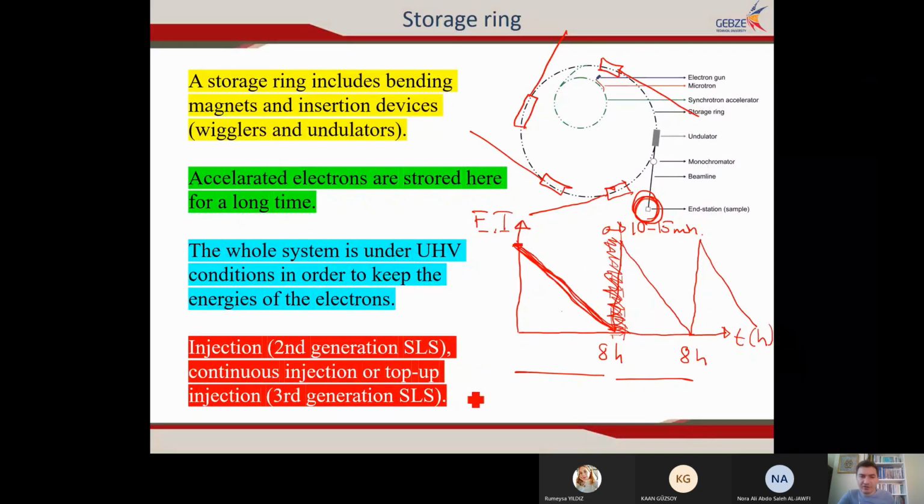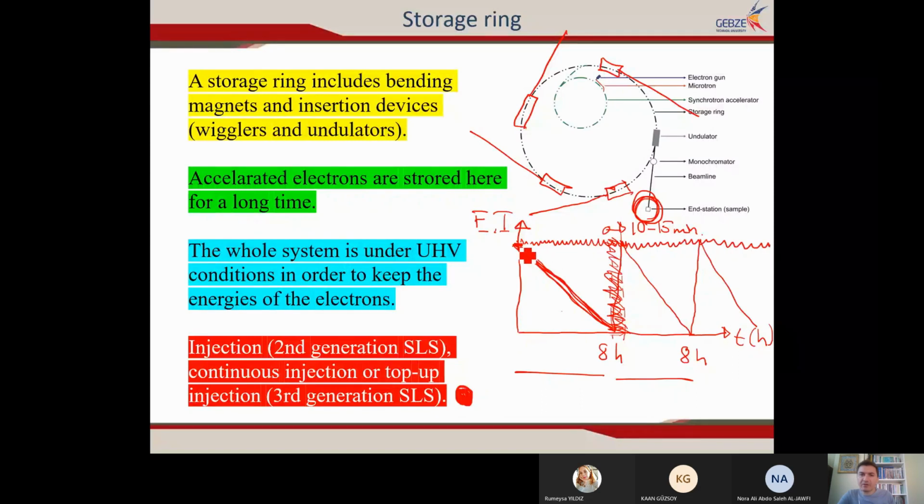But in the third generation synchrotron light sources, as I have mentioned in the previous transparencies, we have continuous injection or top-up injection. So what we have here is that the energy of the electrons and the intensity at the end station are kept more or less constant, okay?